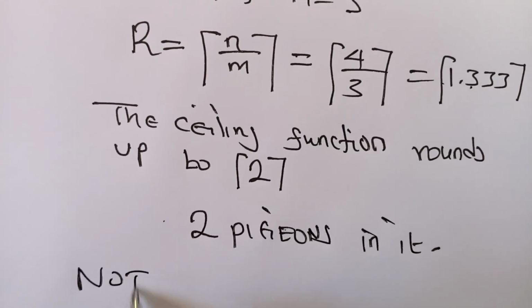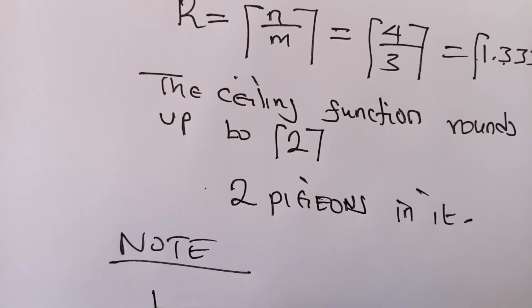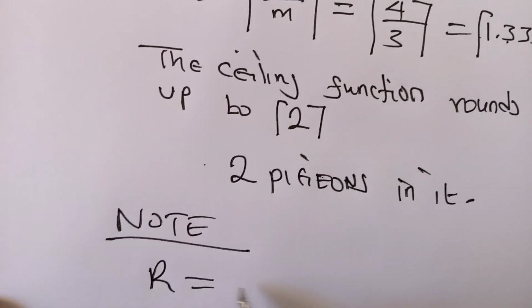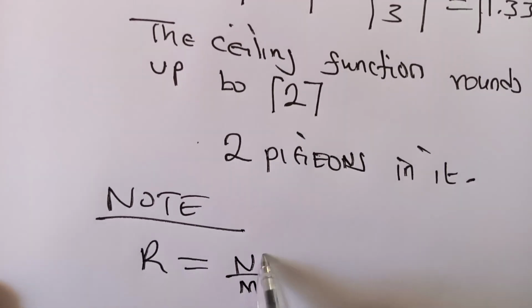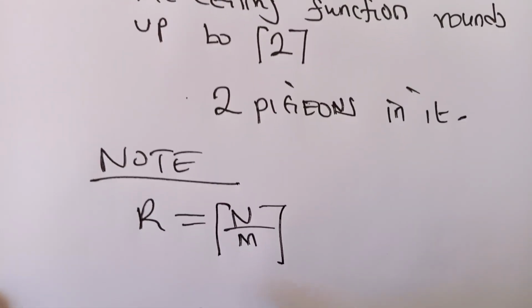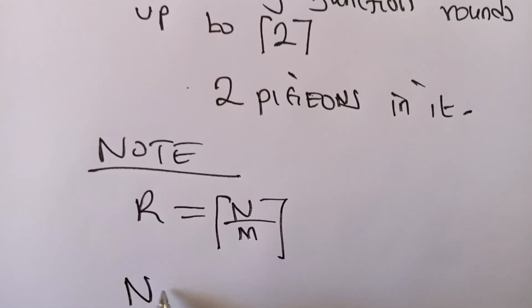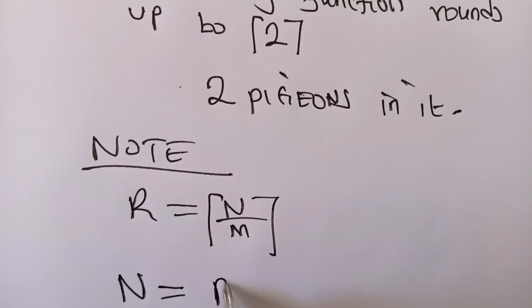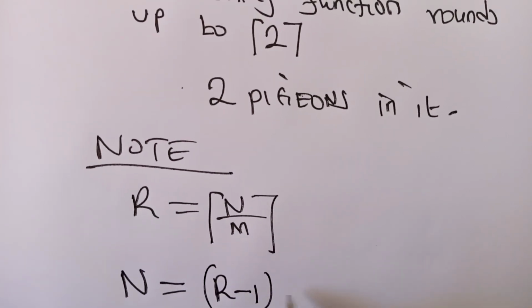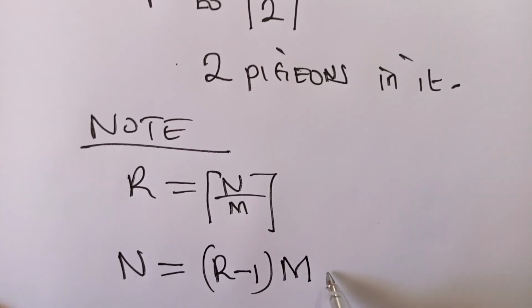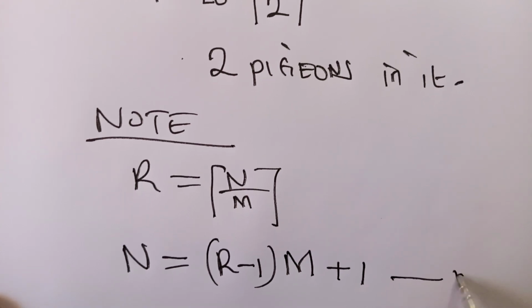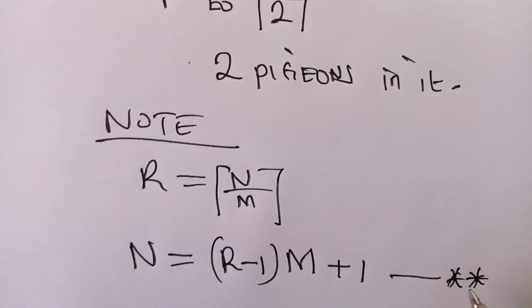Note, this ceiling function of n over m can be written as n is equal to r minus 1 times m plus 1. This is equation 2.